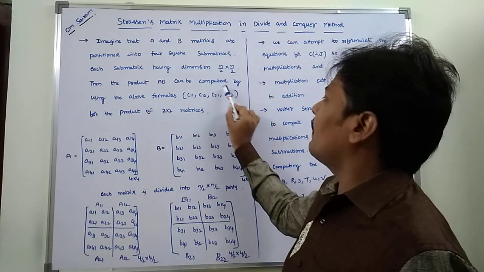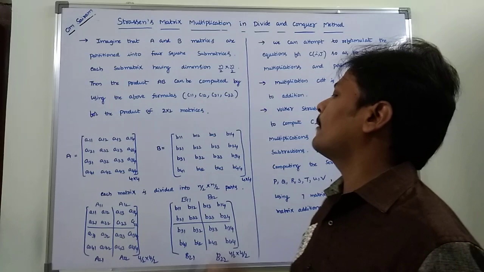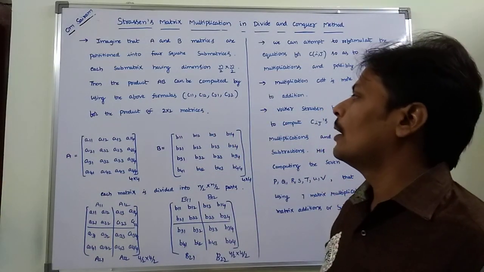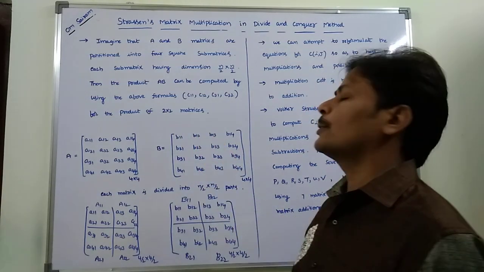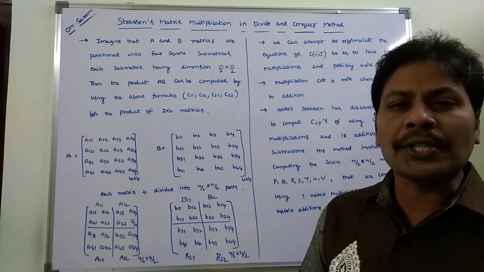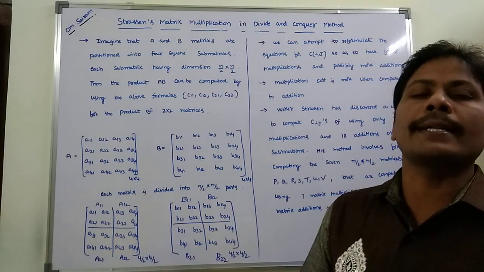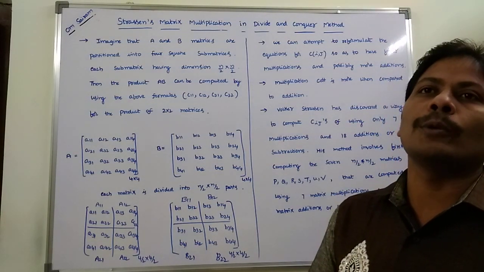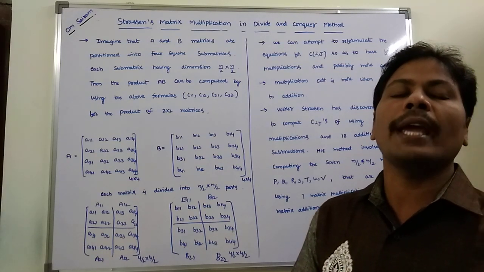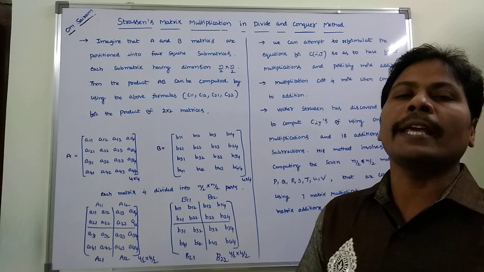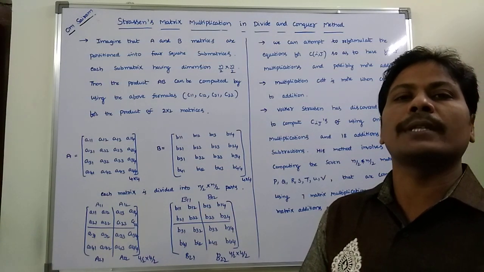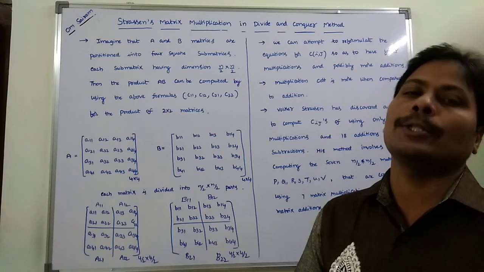Then the product AB can be computed using the formulas C11, C12, C21, C22, as for the product of 2 by 2 matrices.